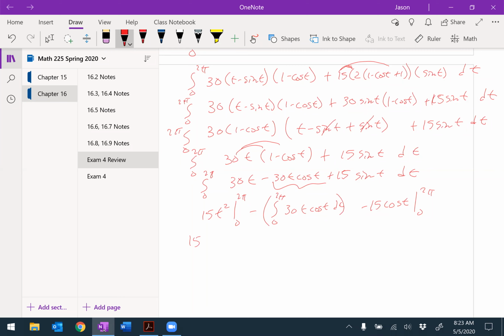So this is 15 times 2 pi squared. Well, 2 pi squared is 4 pi squared, and 4 times 15 is 60 pi squared. So this is 60 pi squared. I plug in 0, I get 0. Minus this middle part, which I'll just put in brackets. And then this thing becomes the cosine, this is minus 15, right?